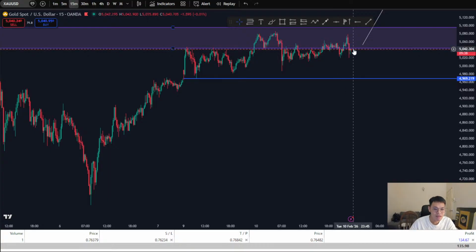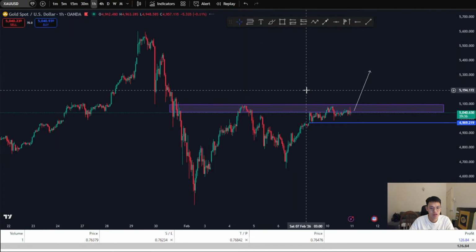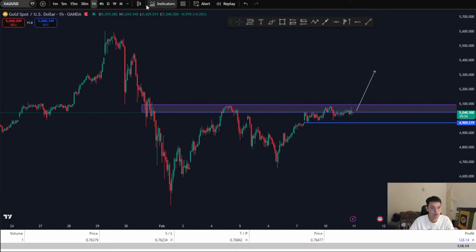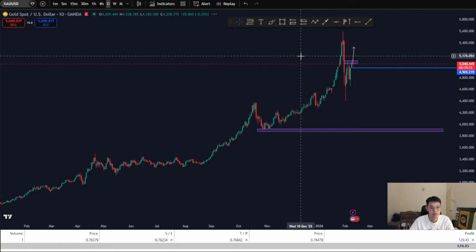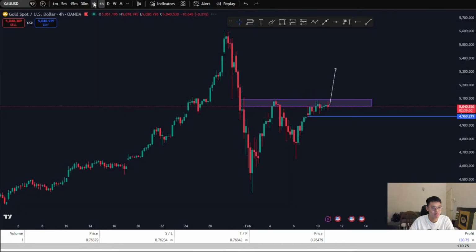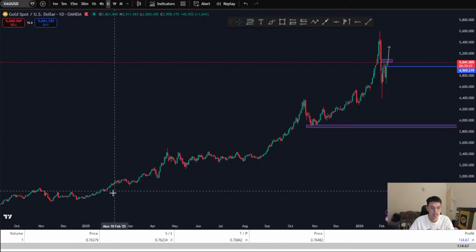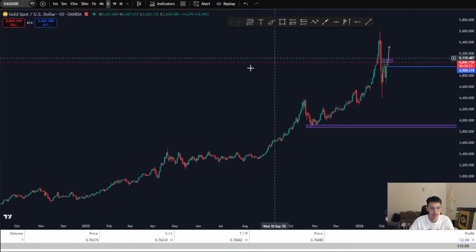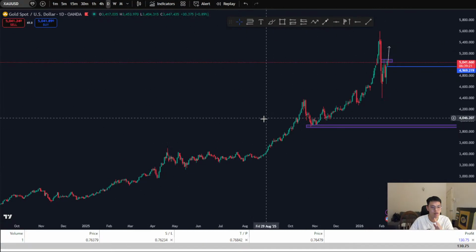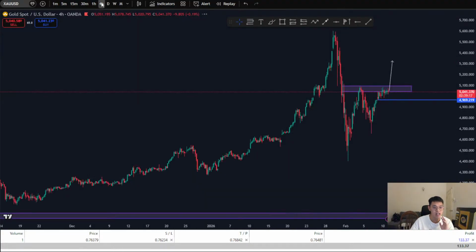All right, as a conclusion, why do I think the gold price may go up in the future? For the first one, in the day chart, the big trend of gold is still an uptrend.